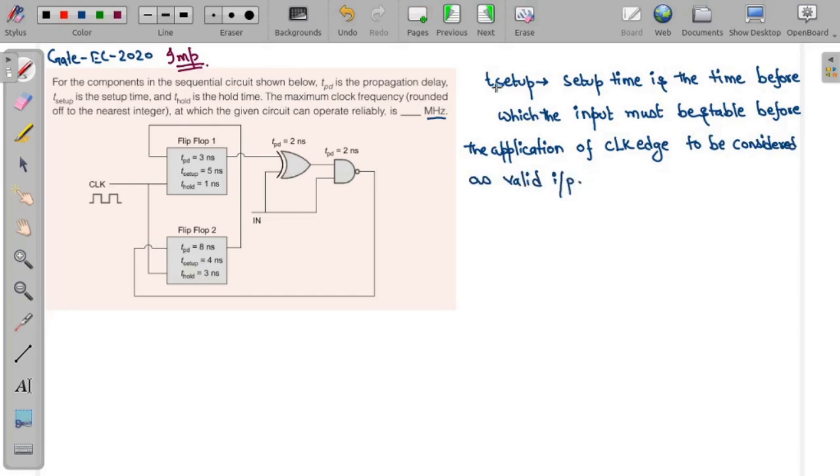So what do we mean by setup time? Setup time is the time before which the input must be stable before the application of clock edge to be considered as valid input. Okay.